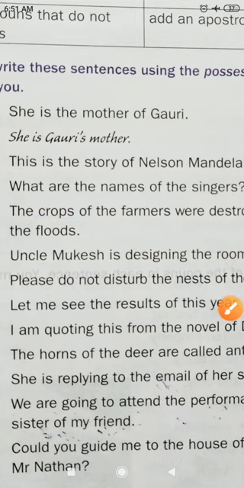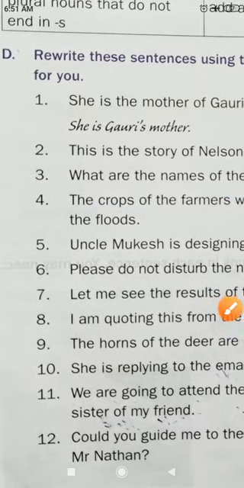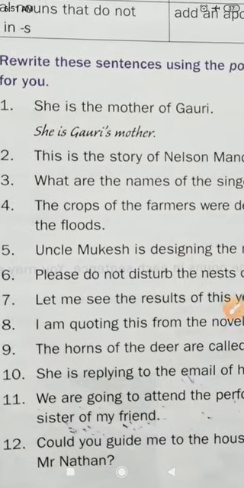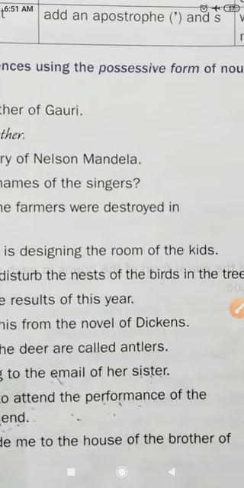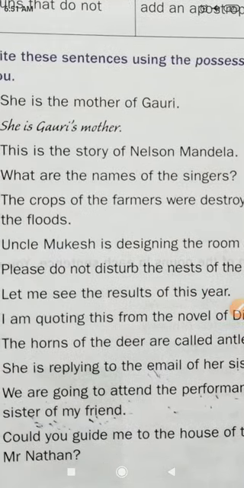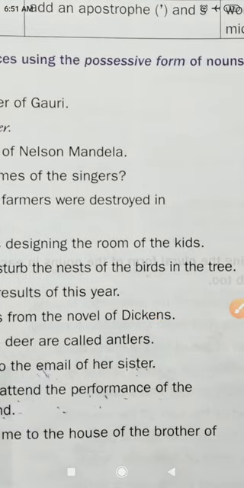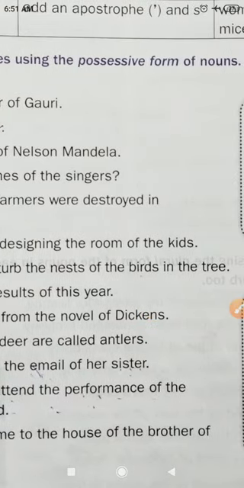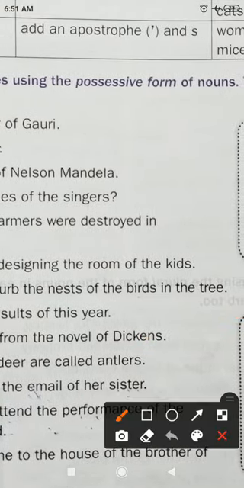Now in question number 5, Uncle Mukesh is designing the room of the kids. Dear students, in this sentence we write kids' room. Uncle Mukesh is designing kids' room.